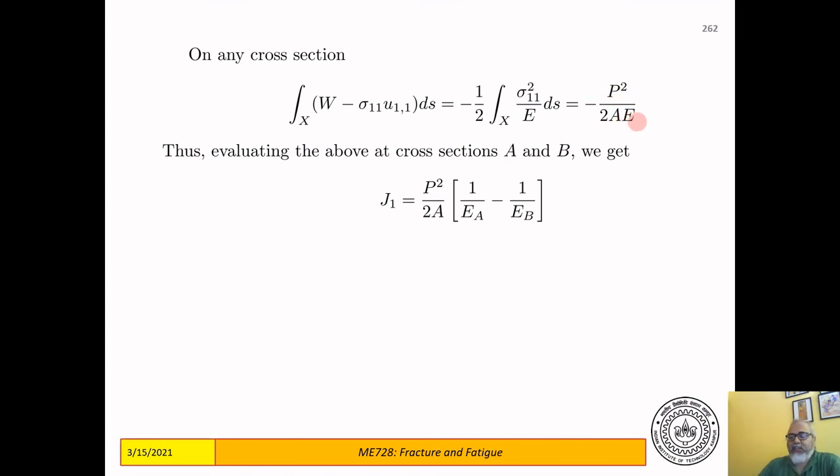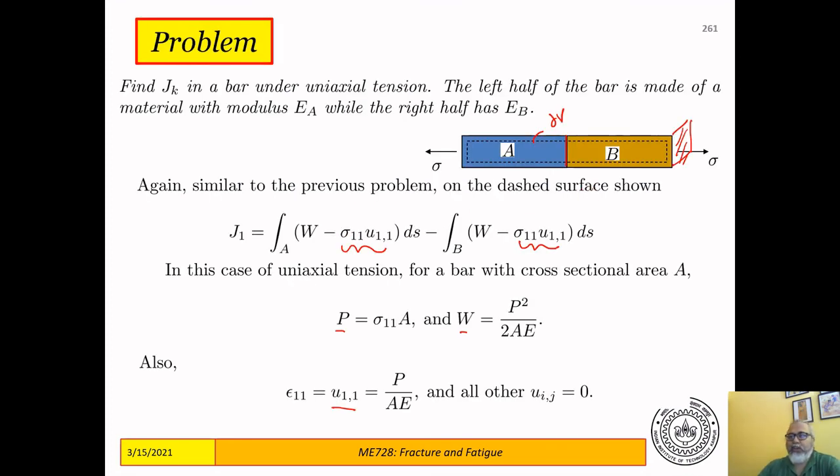However, E is different on the two sides. So if you evaluate this at A, it will be P square by 2A times 1 by EA, and at B it is 1 by EB. Therefore this J1 is not equal to 0. This is not equal to 0 because your domain now spans through this line of discontinuity.